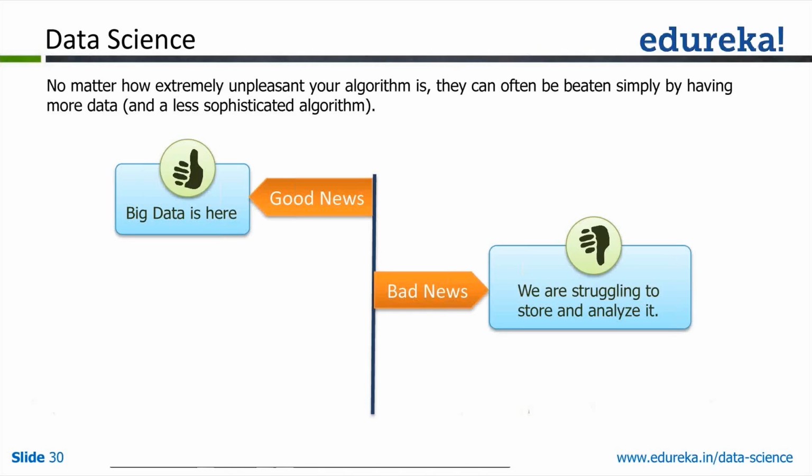And around this intuition, they built something called PageRank, and then they used that page ranking mechanism to rank different web pages in the system.